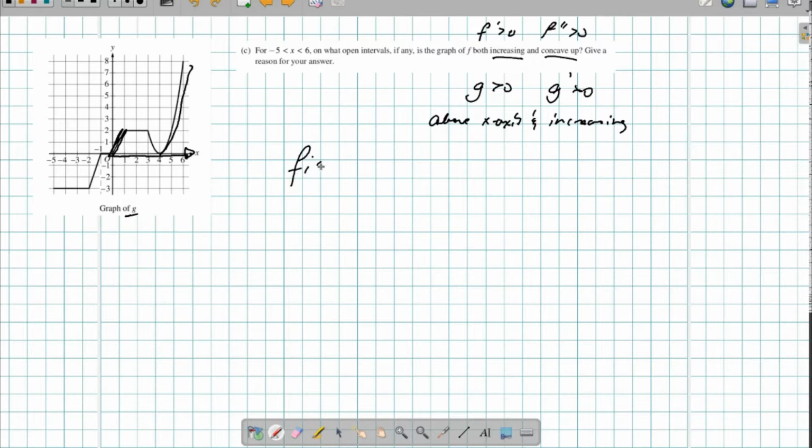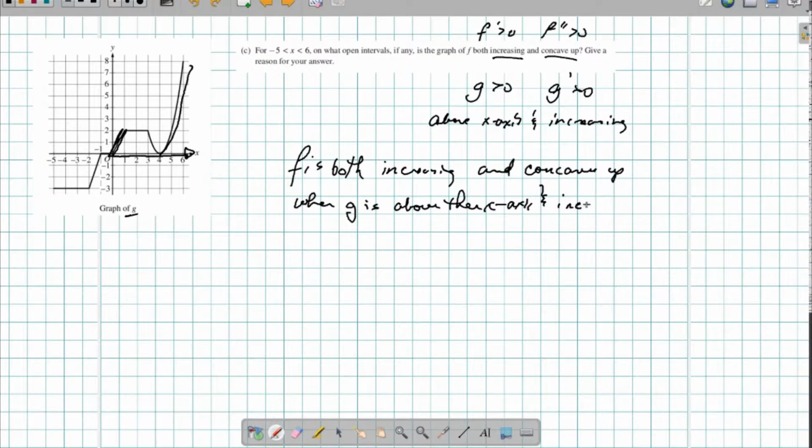So f is both increasing and concave up when g is above the x-axis and increasing, which is at the interval 0, 1 and 4, 6.